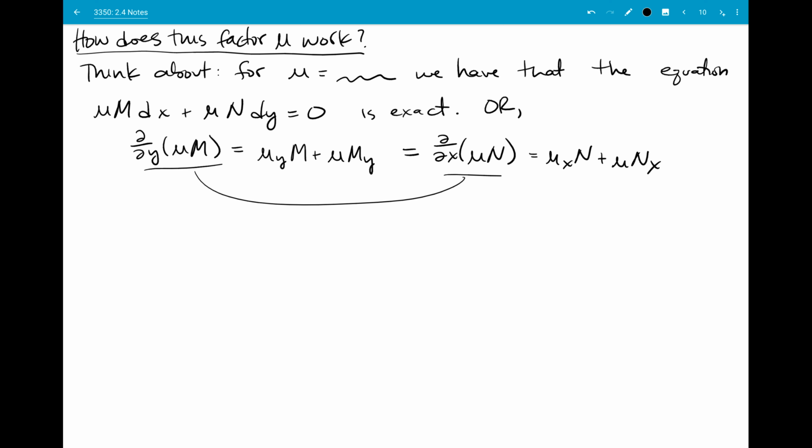These two being equal is just the definition of exact. And these two formulas just come from taking the product rule derivative of mu times M or mu times N.